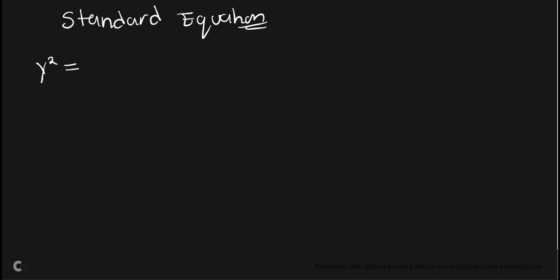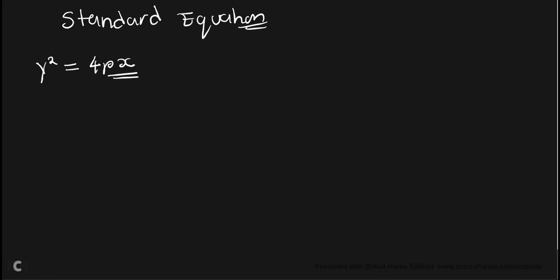Let's write the standard equation of the parabola, the first one. The first one was y squared equals 4p x.